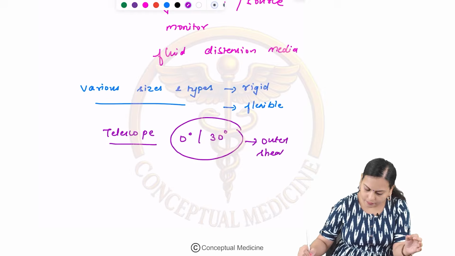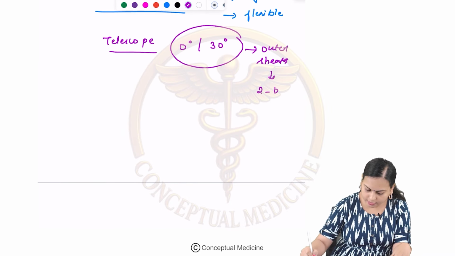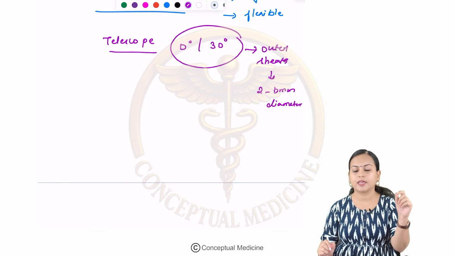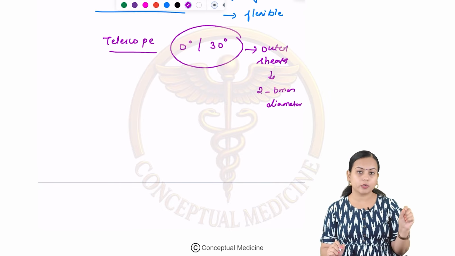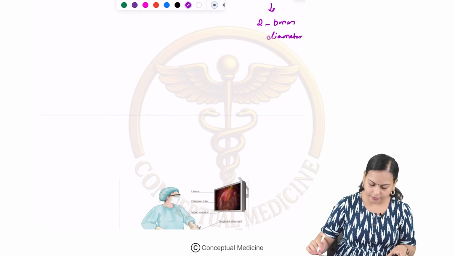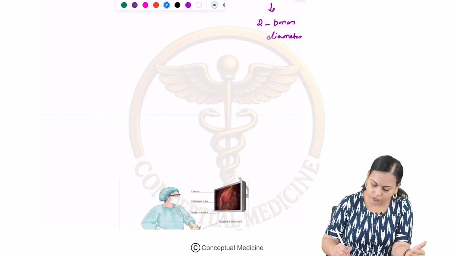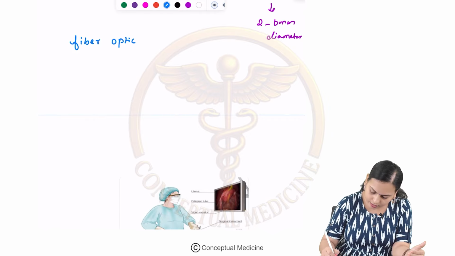The outer sheath will be 2 to 6 millimeter in diameter. Then this hysteroscope will be attached to the fiber optic and light cable.